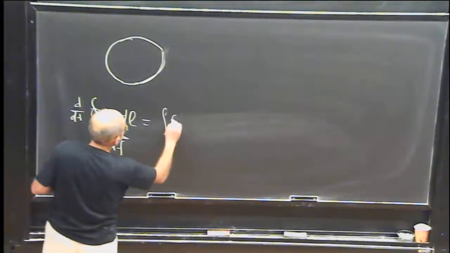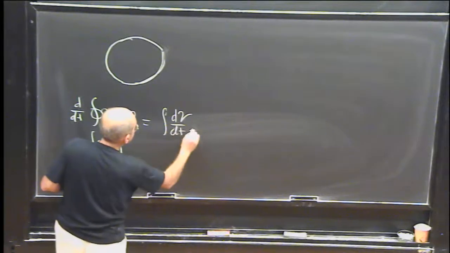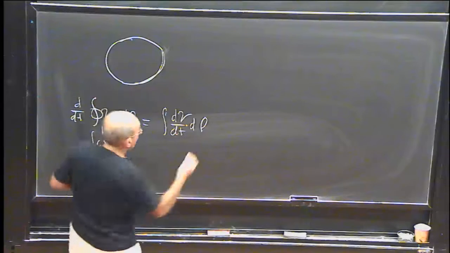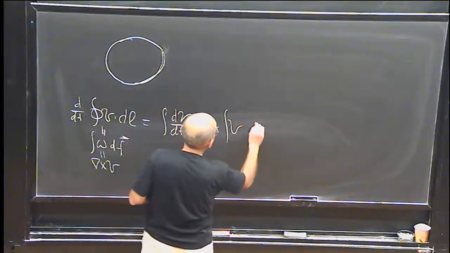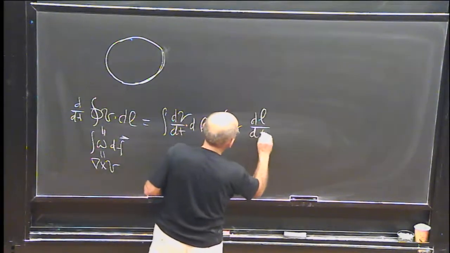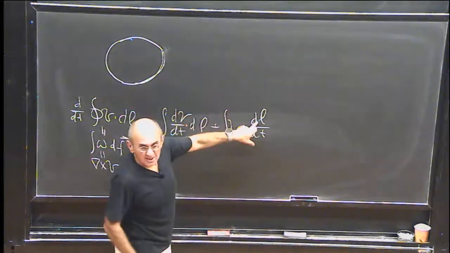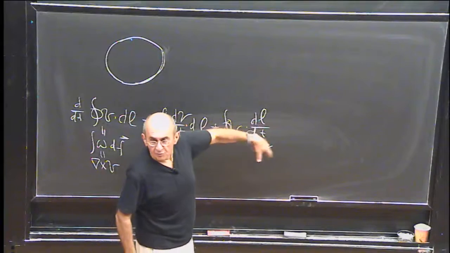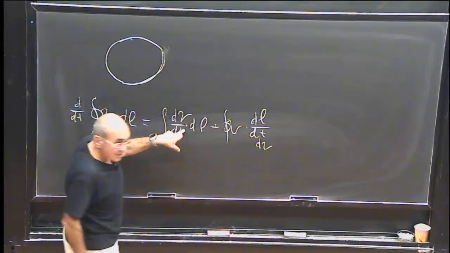There is a dV/dt integral, it's a scalar product here, so it's circulation, plus V d(dL)/dt. Well, this is easy because this is essentially dV. It's an integral of a total derivative. Here it's a little bit more tricky.